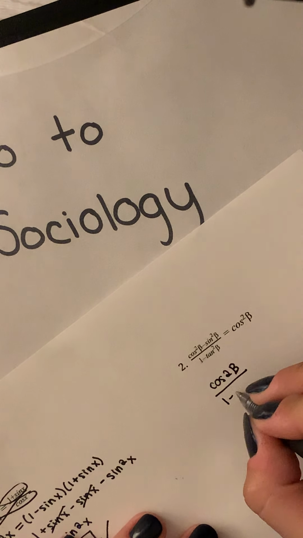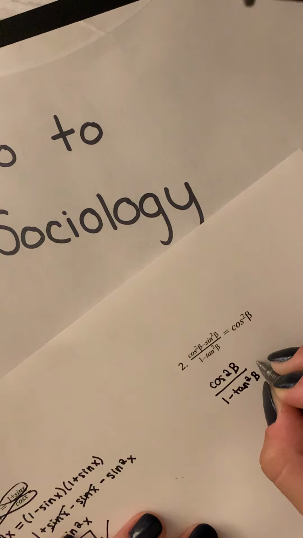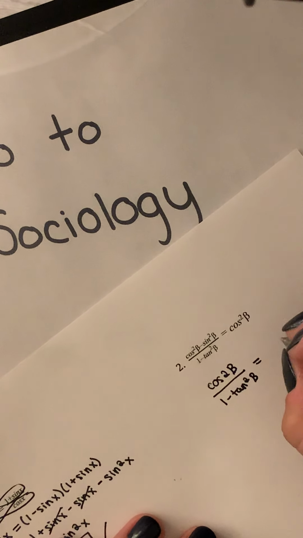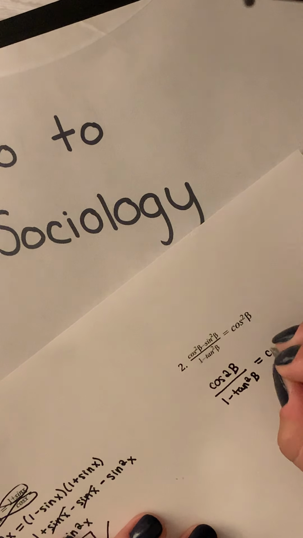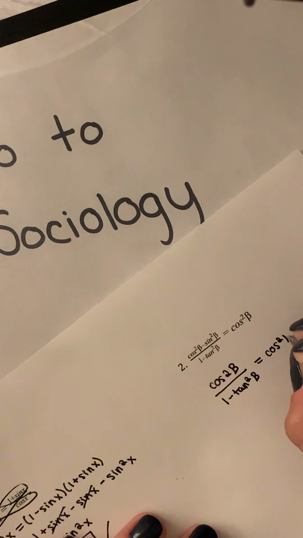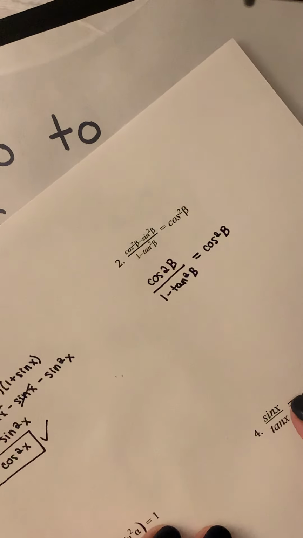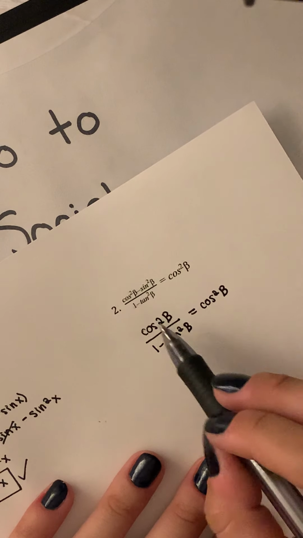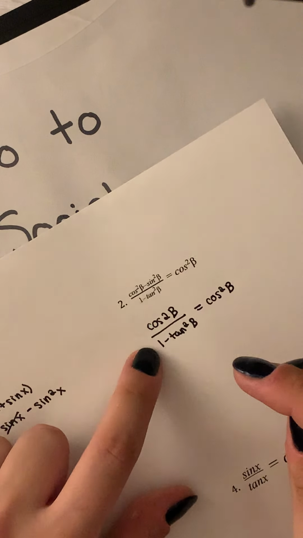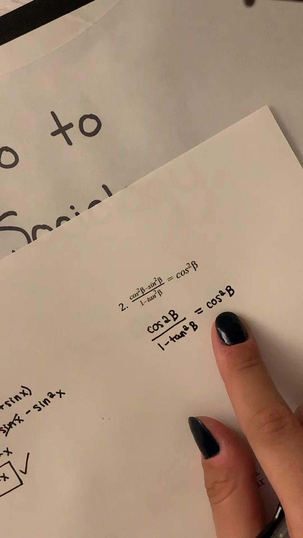over 1 minus tan squared beta is equal to cosine squared beta. So now, sorry if I keep writing this out of the frame. But okay, so now we have our substituted value over our denominator, and then our original right side of our problem.